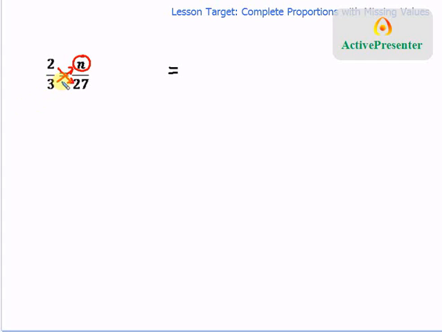In this case, 3 times n, we know, is going to give us 3n. 2 times 27 is going to give us 54. So 54 is equal to 3n. Now, if you remember, when we did our solving equations, we have three goals anytime we want to solve an equation. Number one, we want to get the variable all by itself. To do that is our step number 2. We're going to use inverse operations.